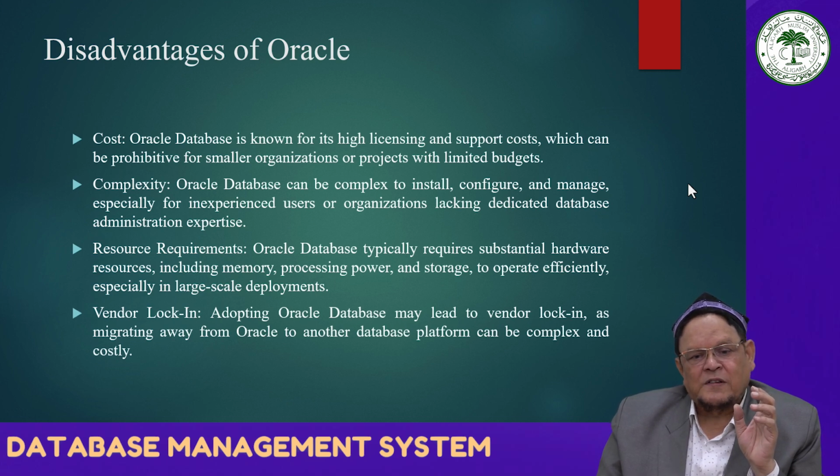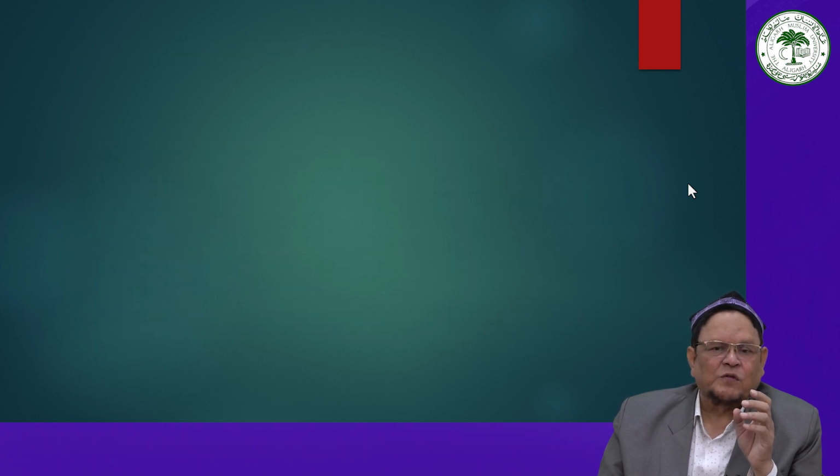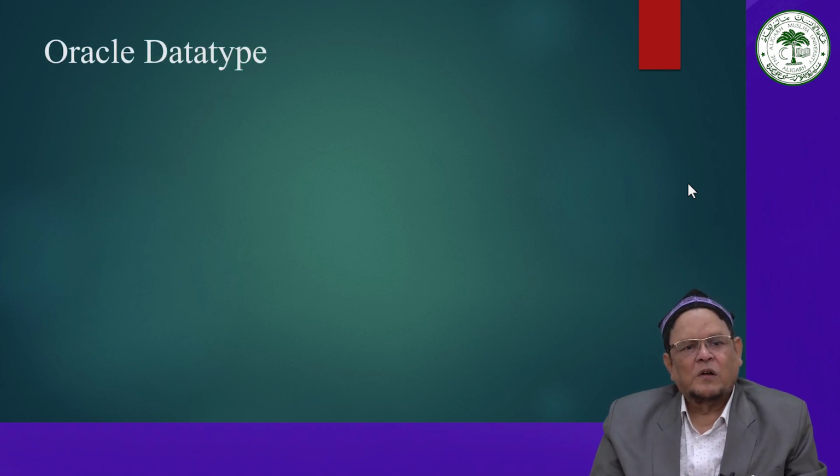Adopting Oracle database may lead to vendor lock-in, as migrating away from Oracle to another database platform can be complex and costly. These are the disadvantages. Then we'll discuss Oracle data types.